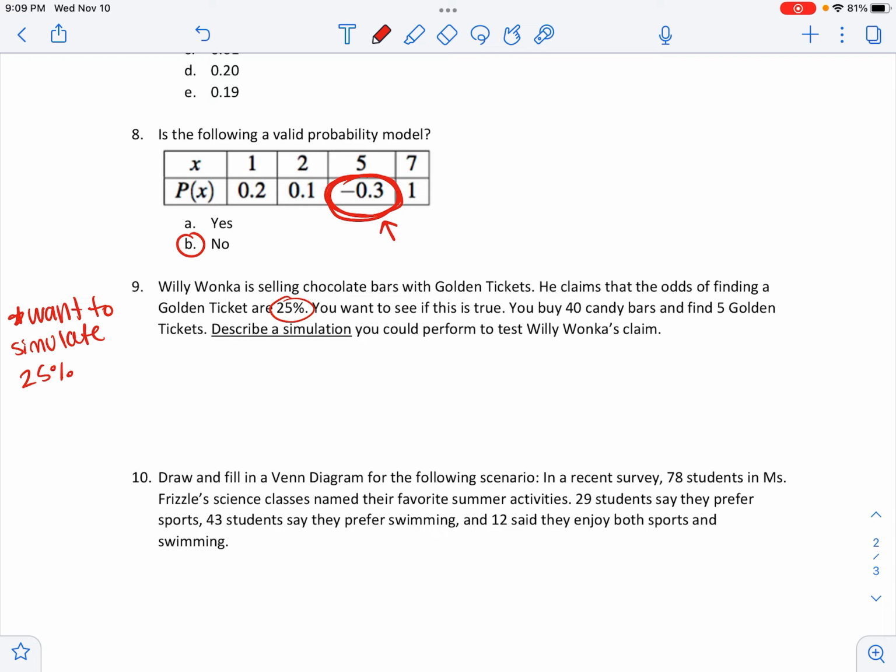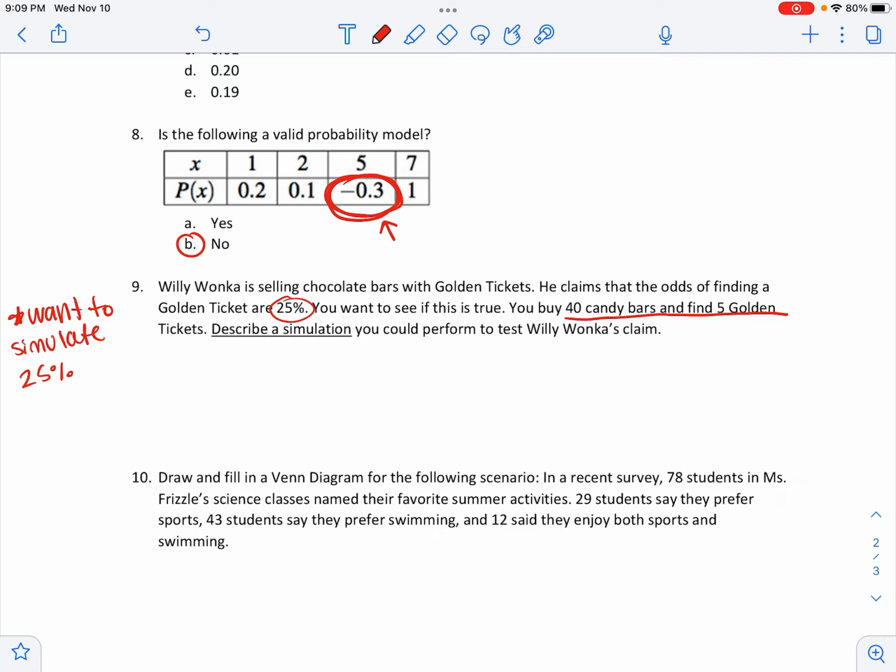So what I have to do is simulate what he's claiming to be true so I can test the data we've collected. So we've already collected data that 40 candy bars out of 45 have golden tickets. I already collected this data. Now I want to simulate it and test my data against the simulation.